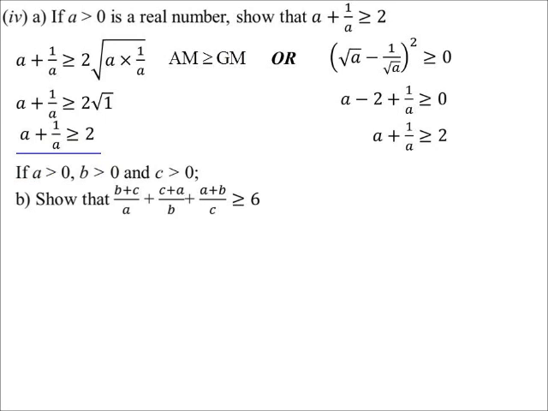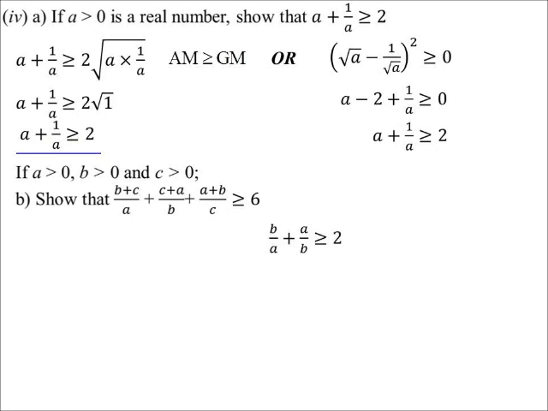Okay, we're now going to show that b plus c on a plus c plus a on b plus a plus b on c is greater than or equal to 6. But remember, this is what we know: a plus 1 on a is greater than or equal to 2. What would you like to replace?